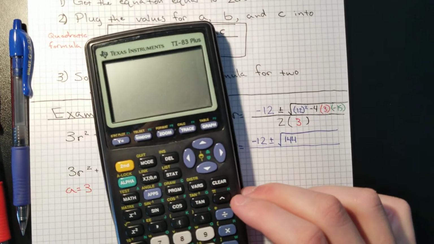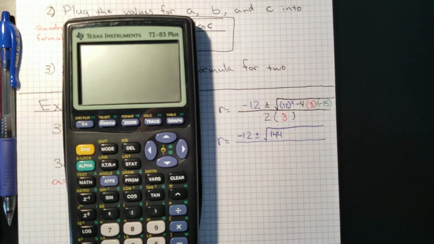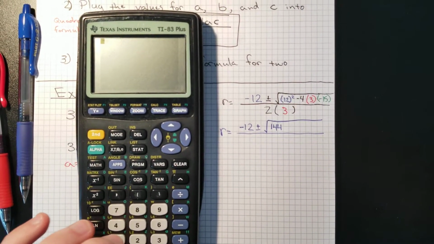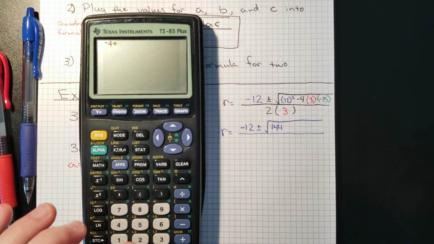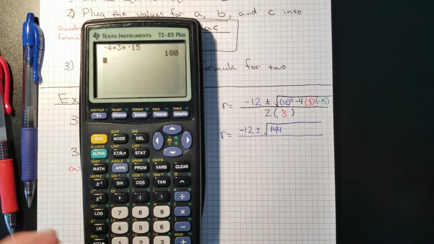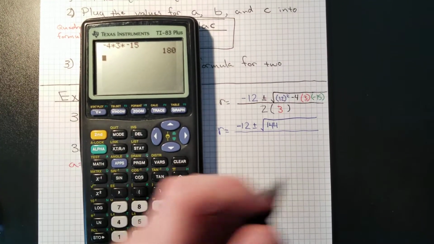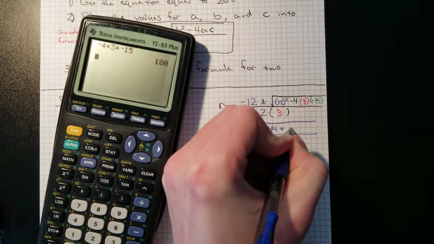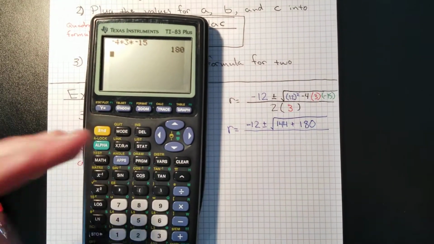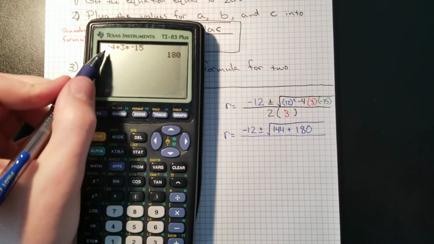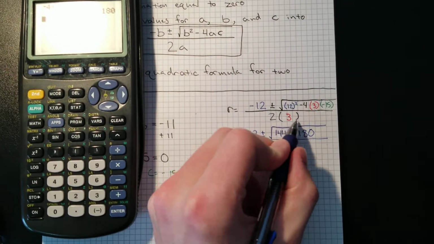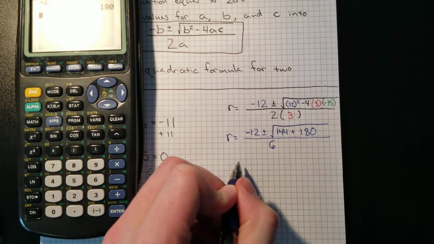So the next thing that we're going to have to do is negative 4 times 3 times negative 15. That is positive 180. It's not minus anymore because we did use that negative 4 right there. So positive 180, all divided by, and then 2 times 3 is 6.